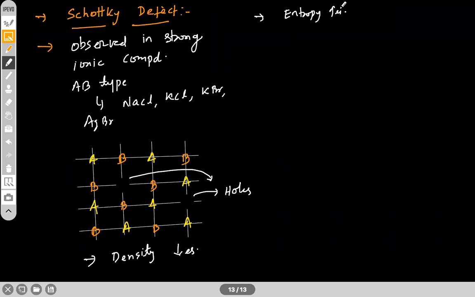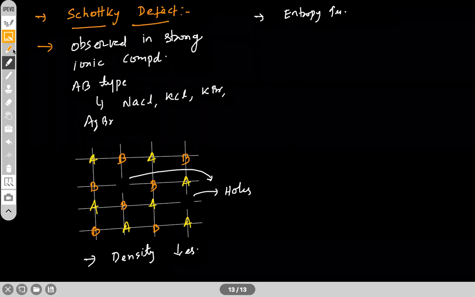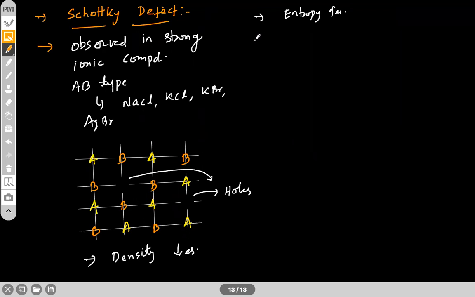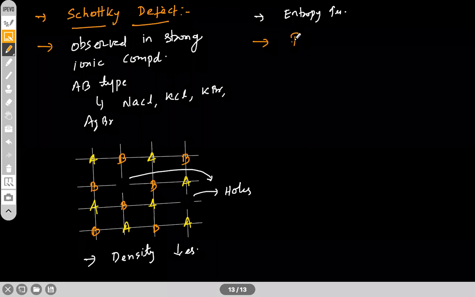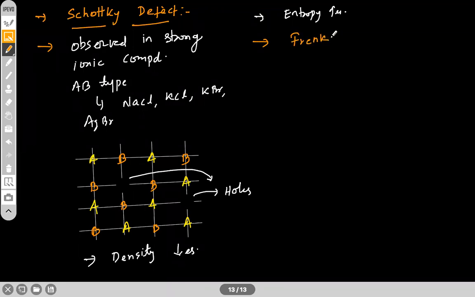Now the other one is Frenkel defect. Write down the heading, Frenkel defect.